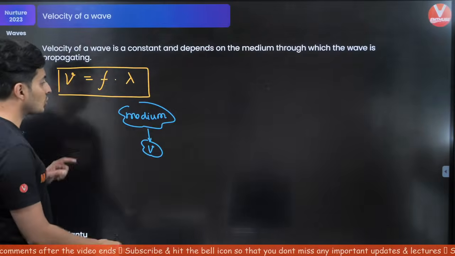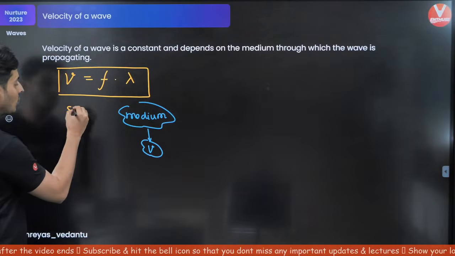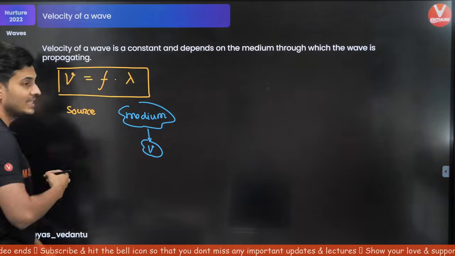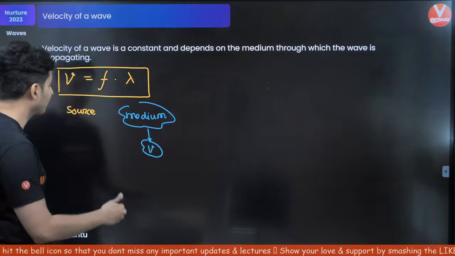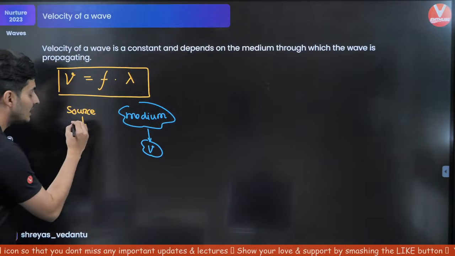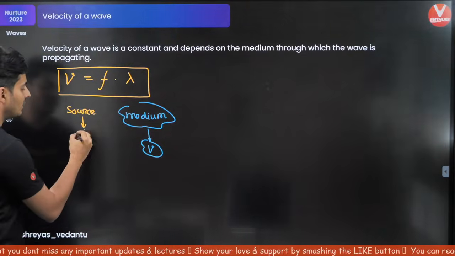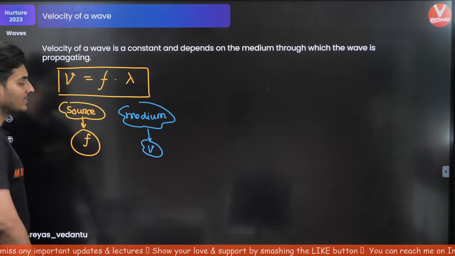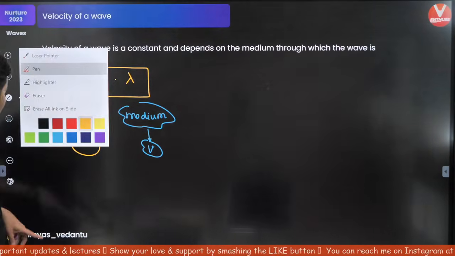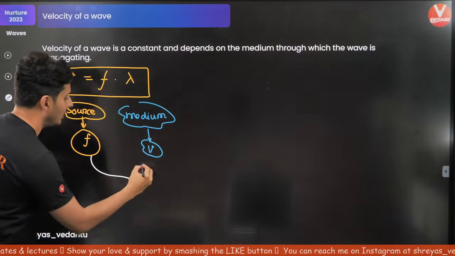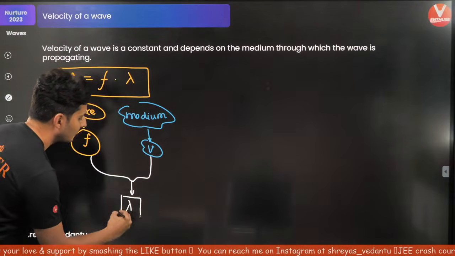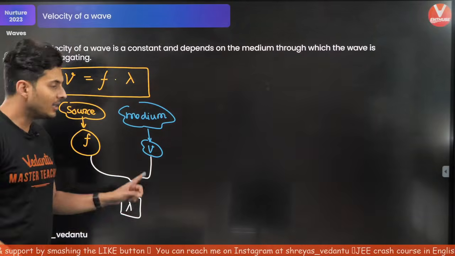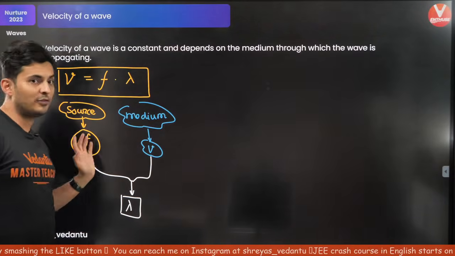Next, the source, as in the person producing the sound, the person producing that wave. That person decides the frequency. So the frequency is decided by the source, and both of them together, depending on their values, decide the wavelength. So wavelength comes in the end, speed and frequency come first.